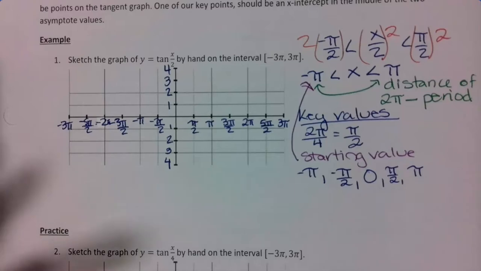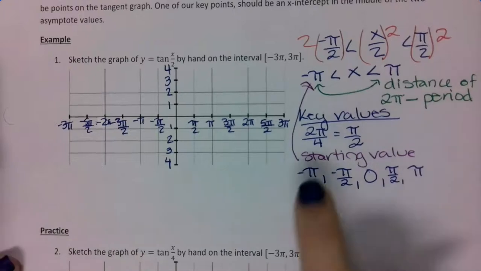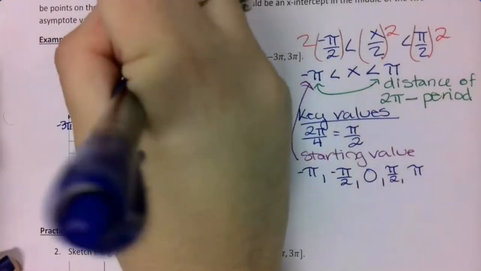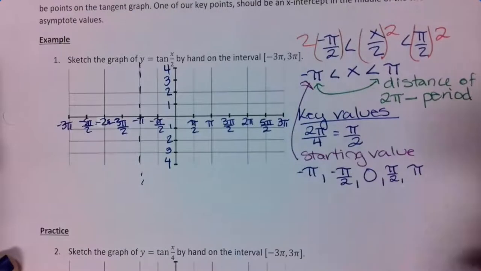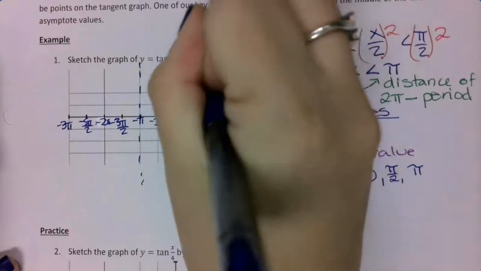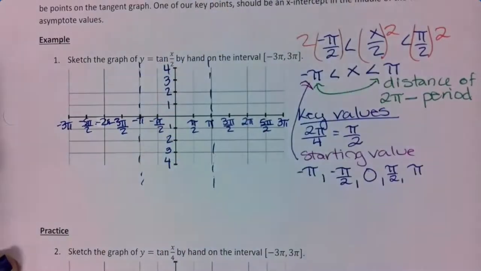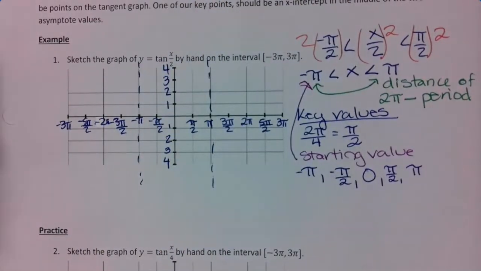Okay, so like I said earlier, my start and end values should be asymptotes. So negative pi should be a dashed line. Positive pi should also be a dashed line. And then I only need to plug in my 3 middle values into the actual function.